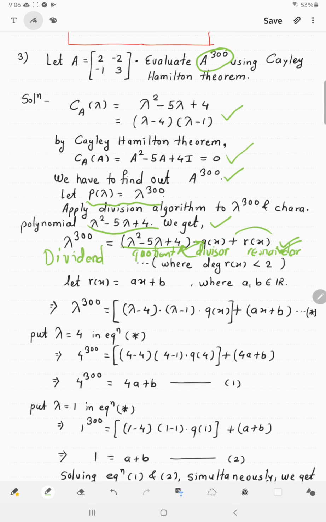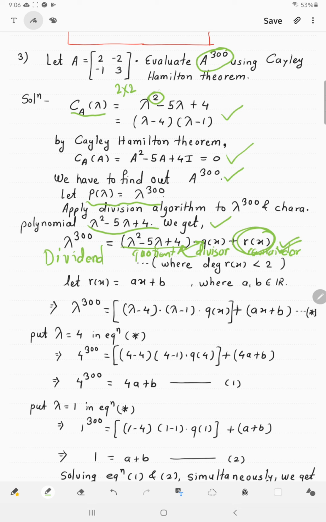Now R of x plays an important role here. Why? Because the degree of R of x is always less than the order of the matrix. Here the order of the matrix is 2 by 2. As the order of the matrix is 2 by 2, by the Cayley-Hamilton theorem, the characteristic polynomial will be of order 2.